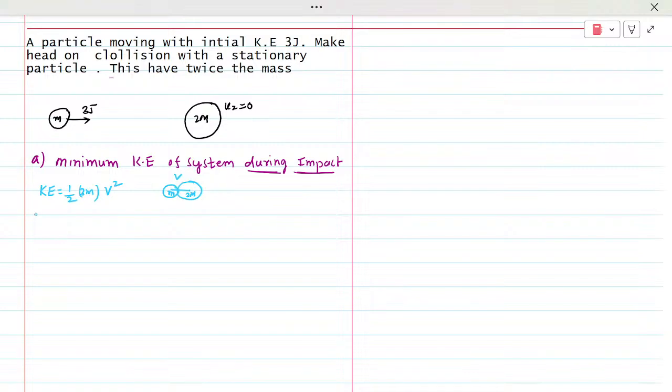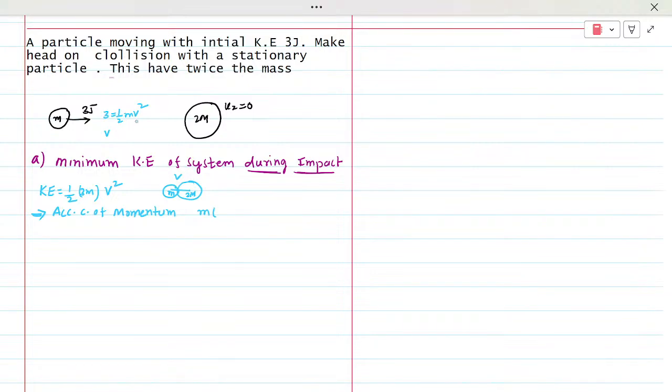So now I follow conservation of momentum. According to conservation of momentum, m into u1, where the given kinetic energy 3 is equal to 1 by 2 m v square.